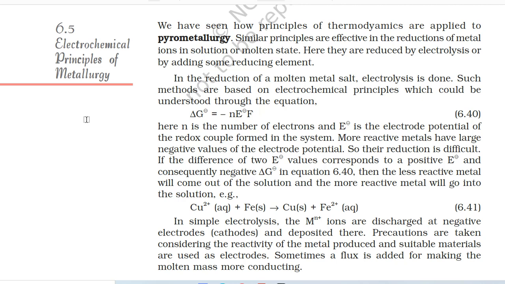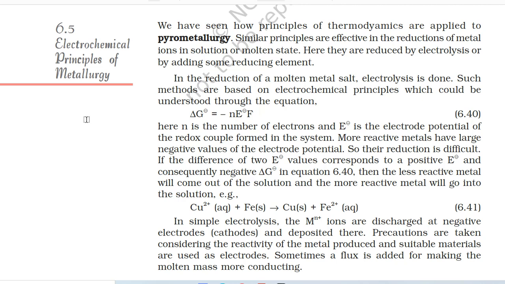Here n is the number of electrons and E° is the electrode potential of the redox couple formed in the system. More reactive metals have large negative values of the electrode potential, so the reduction is difficult.